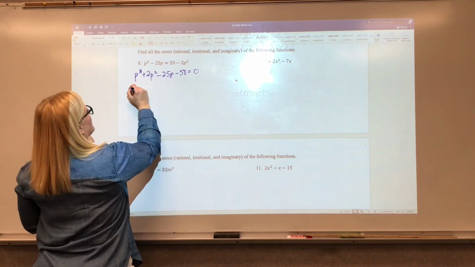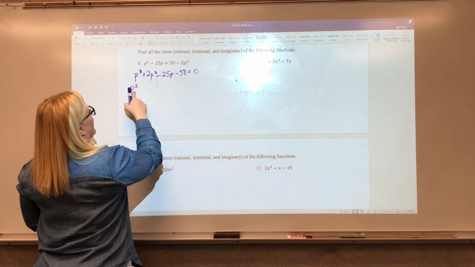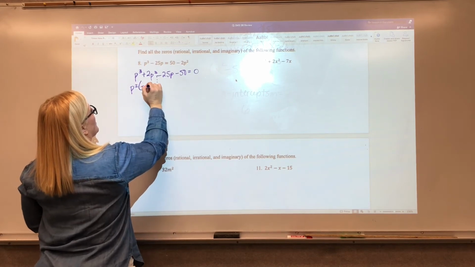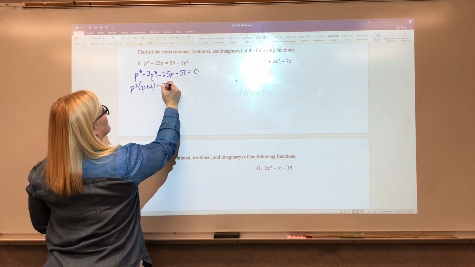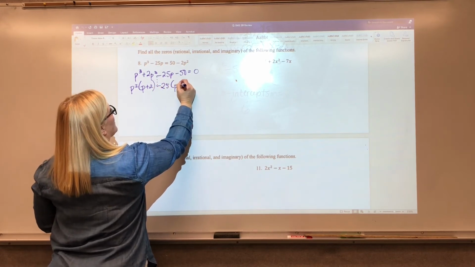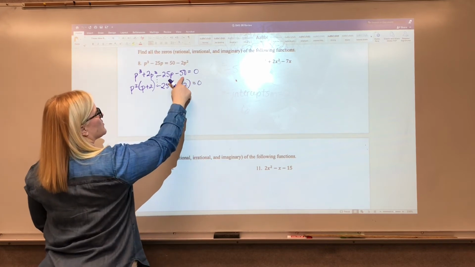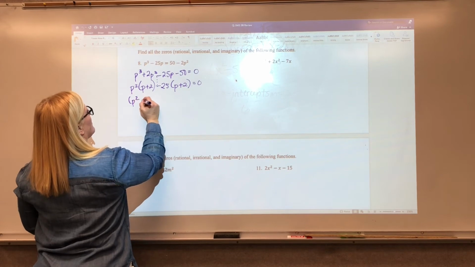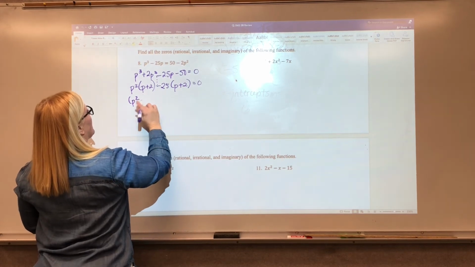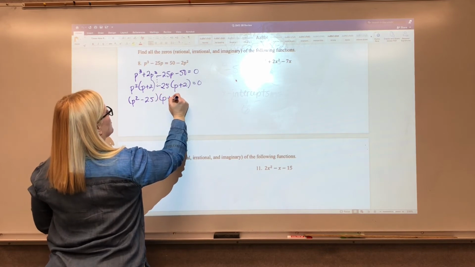So I'm going to factor out, well, I can divide it like this. Factor out a p squared, and I get p plus 2. And now I can factor out a negative 25, and I have p plus 2 here, right? Because negative 25 times 2 is negative 50. So I'm left with p squared minus 25 times p plus 2 equals 0.